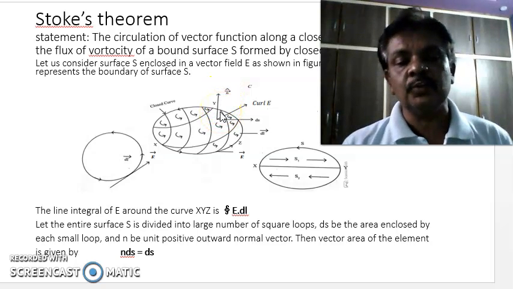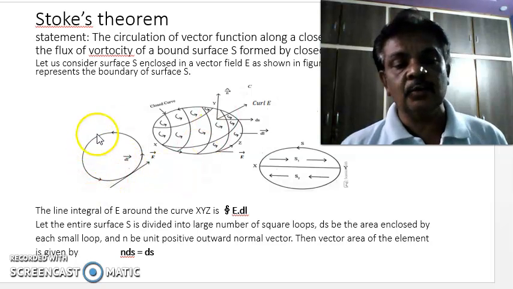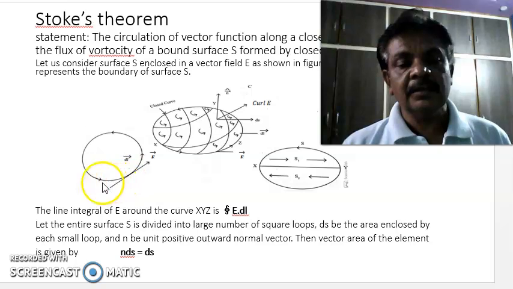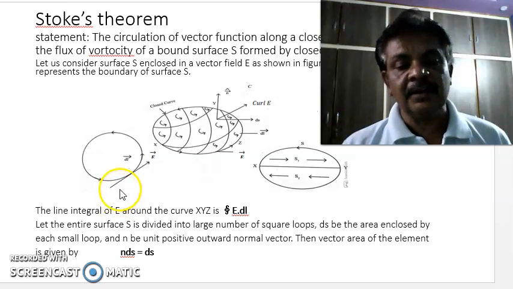To verify the Stokes theorem, first we have to assume a closed curve which forms the surface S. Let a closed curve C have a vector E bar. This closed curve C forms a surface area S, and this vector function at any point of the curve is along the tangential line.